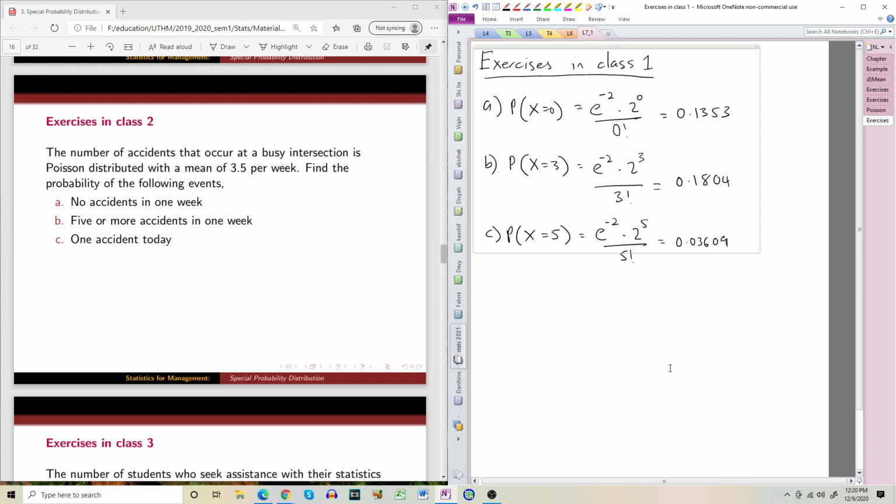This is the answer for exercise in class 1. Exercise in class 2.